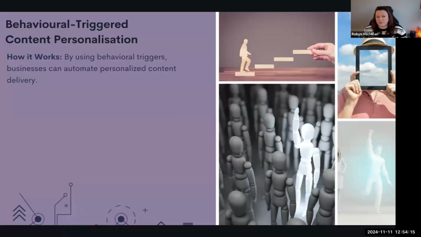We then have behavioral triggered content personalization. So this is where we use behavioral triggers. Businesses can then automate personalized content delivery, showing customers products or information tailored to their actions. So this could be things like browsing history or purchase behavior. One company that does this really well outside of this case study is Pandora.